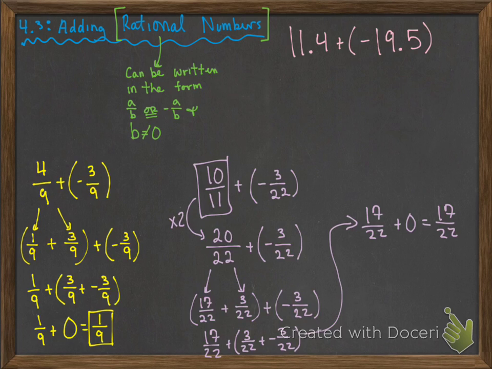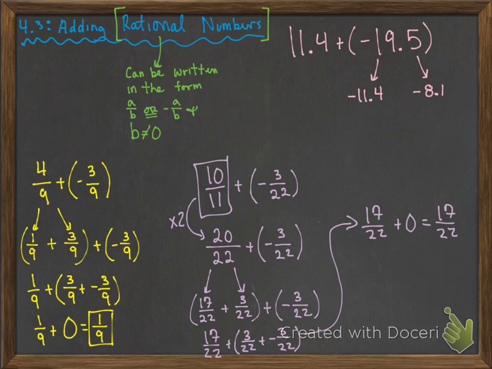If I do 11.4 plus -19.5, this would be rather annoying even if you set it up and solved it longhand, but I can split it apart. In this case, the second number, the -19.5, is the negative number and the larger of the two, so I'm going to split that one up, and I have 11.4 off to the left. When I split up the -19.5, I'm going to split it so that I have a -11.4 in one of those two places.